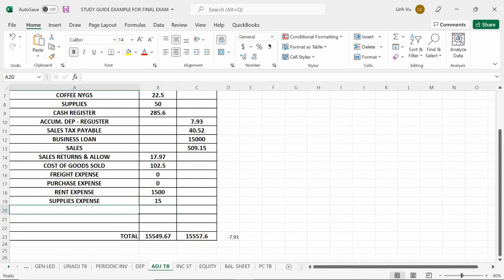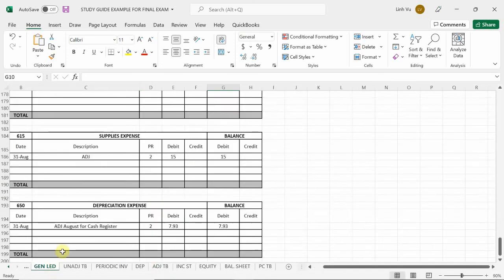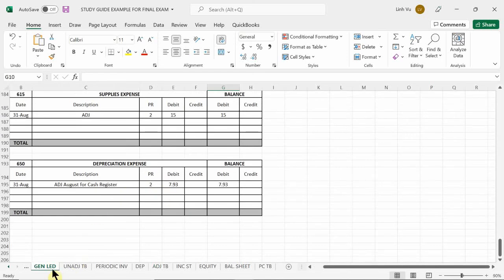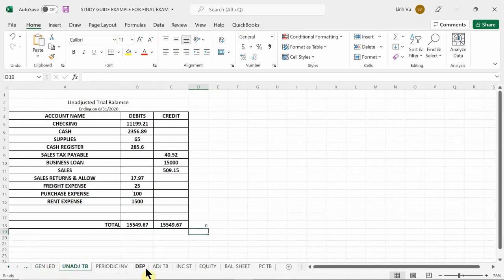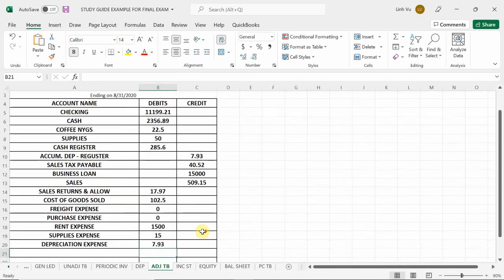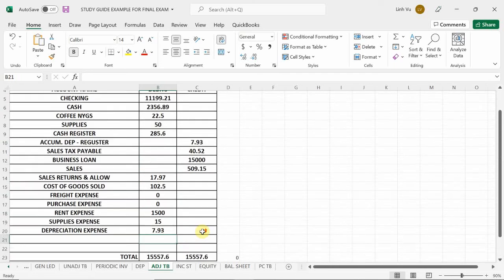And then we have, last but not least, depreciation expense for $7.93. And there we go. We pan out evenly on both sides with 15,557.60. Okay, there's your adjusted trial balance.